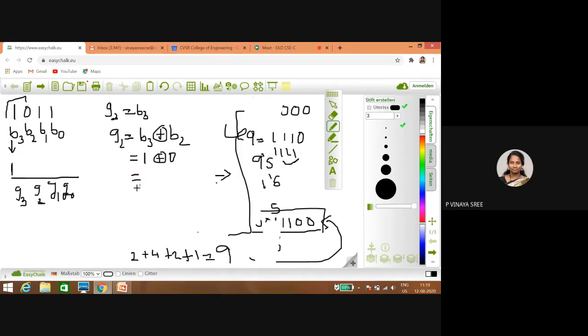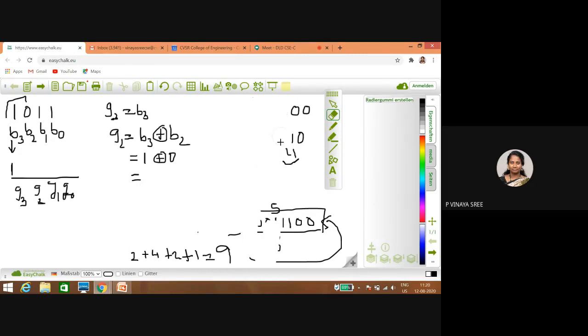Does anyone remember the XOR truth table? Anyone remember XOR? No one.